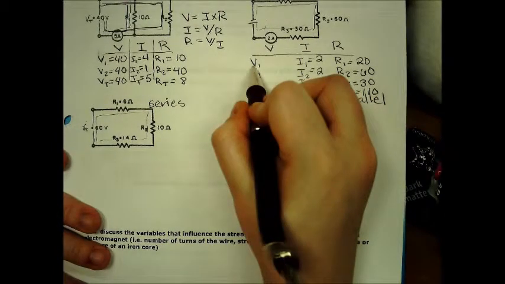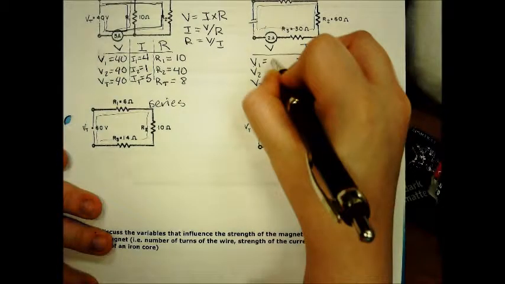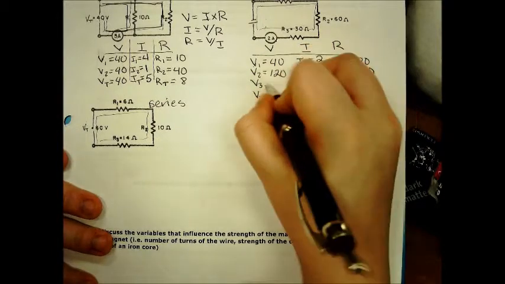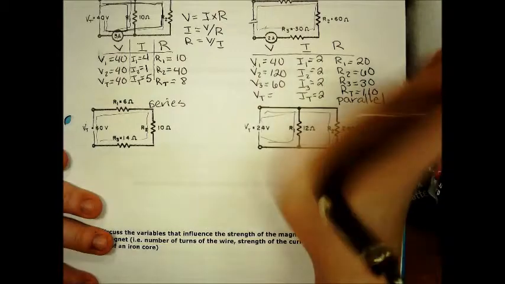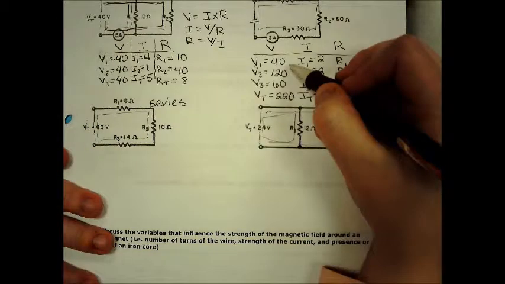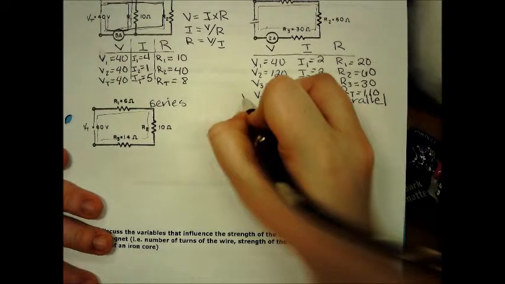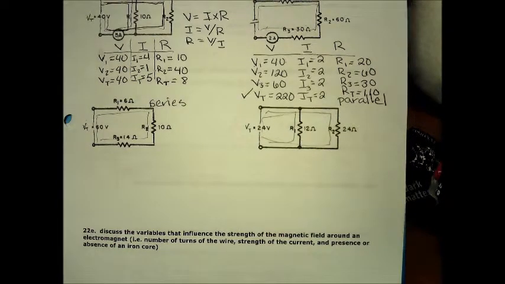Now we can just use the V equals I times R to fill in these. 2 times 20 is 40, 2 times 60 is 120, 2 times 30 is 60, and 2 times 110 equals 220. If we wanted to check our work, 40 plus 60 plus 120 does in fact equal 220, so we can be reasonably sure that we did all of that right.